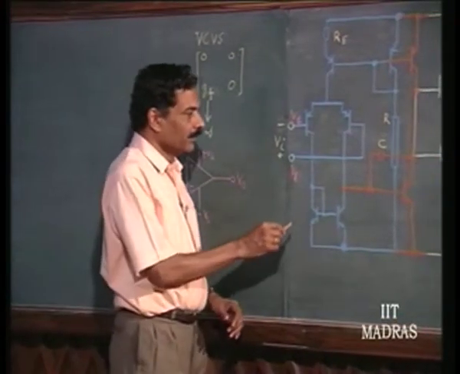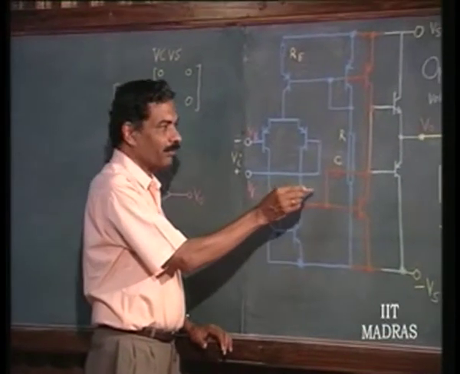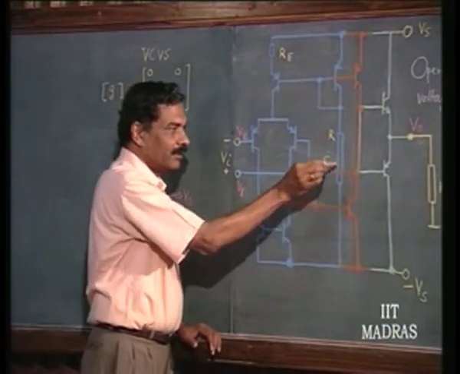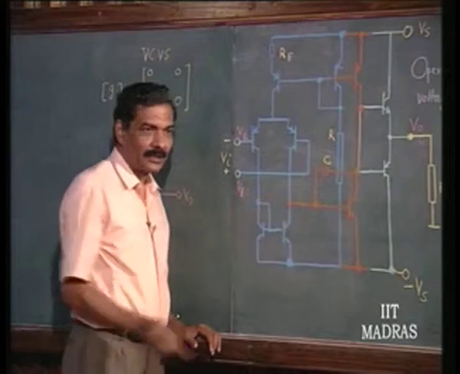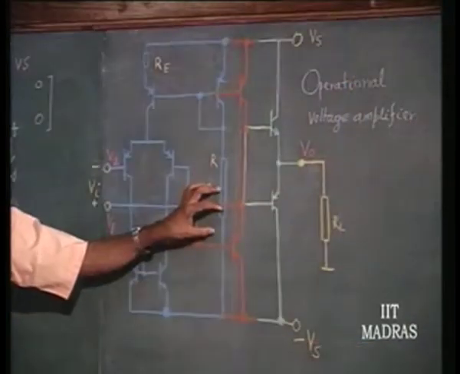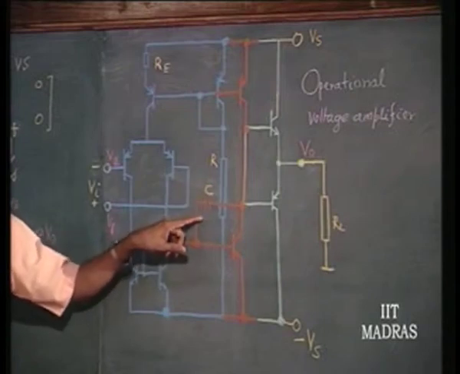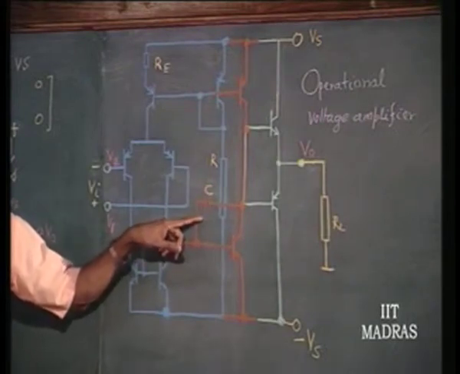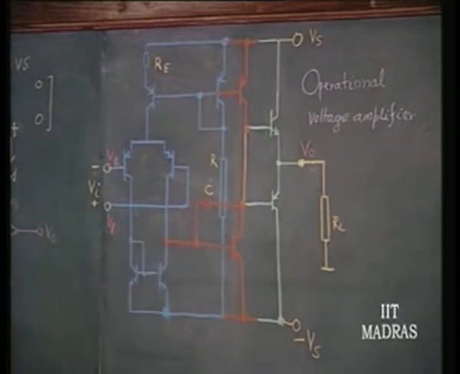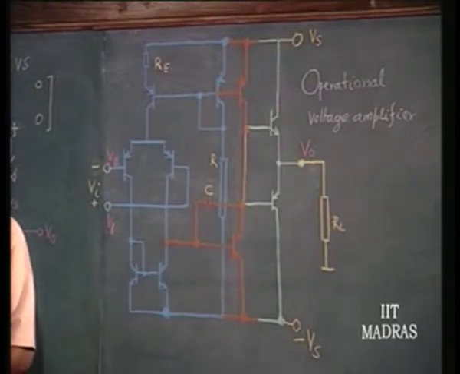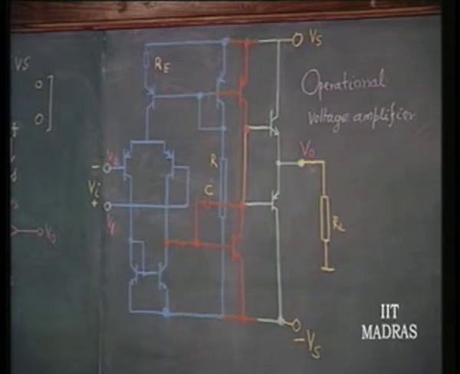Now, let us see some of the components that are coming here. We will discuss this part slightly later. This comes into the picture for frequency compensation. This capacitor is internally put in internally compensated op amps. Otherwise, these two terminals are brought out in externally compensated op amps, wherein the user has to put a suitable capacitor for its use.